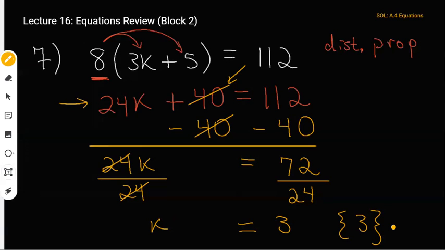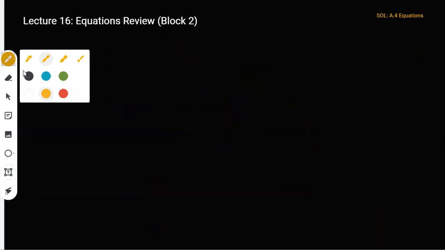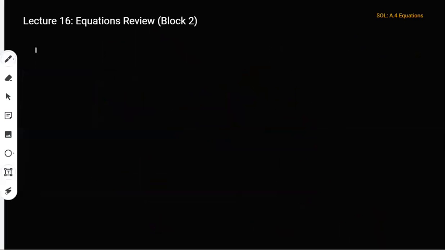The last thing that I want to do is check my answer. And I always start off with my original equation when I do that. So we're going to do that on the next slide. All right, for number 7, we have 8 times 3k plus 5. I'm starting off with the original that they gave me.